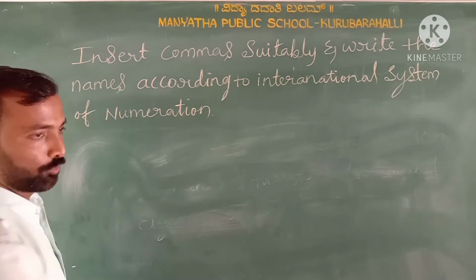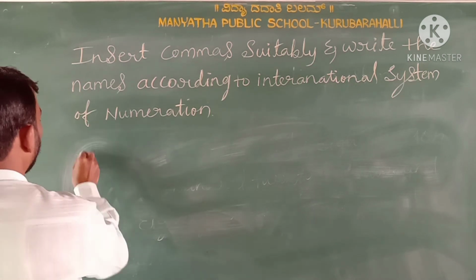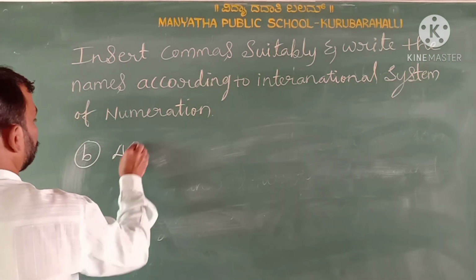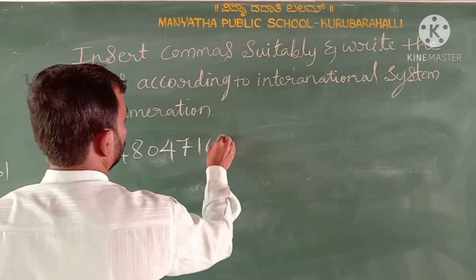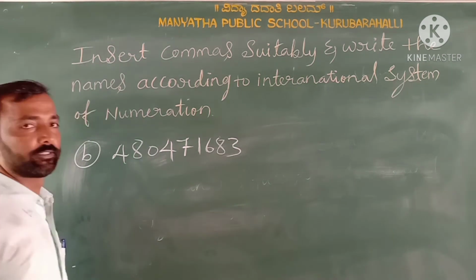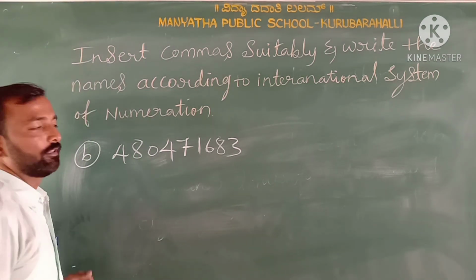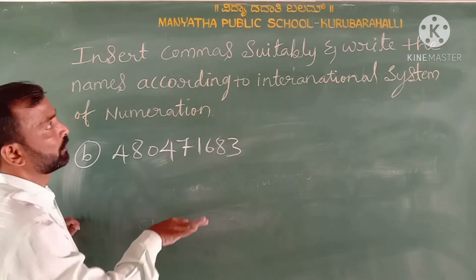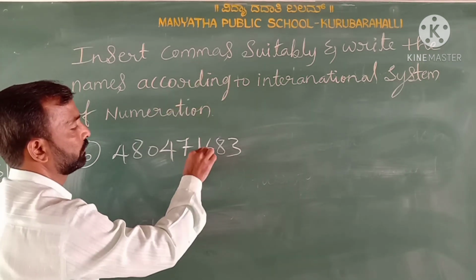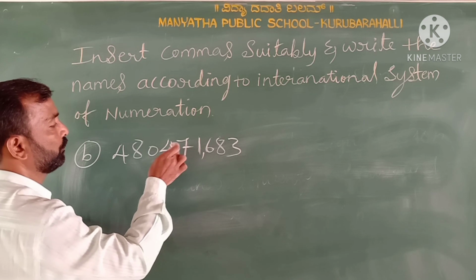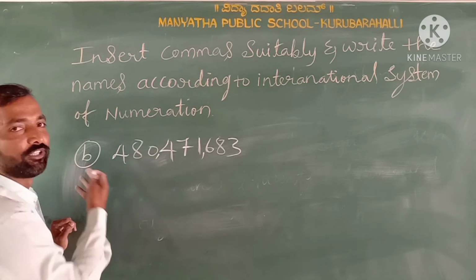See the next one. See, here some more digits are given. First step is what? Putting commas. 1, 2, 3. Okay. 1, 2, 3. Okay. Next 3 digits are there.